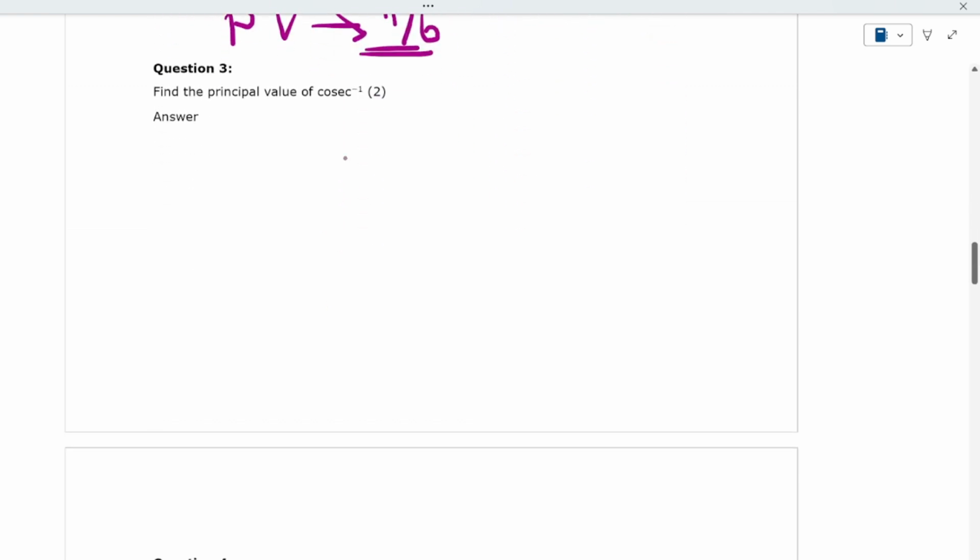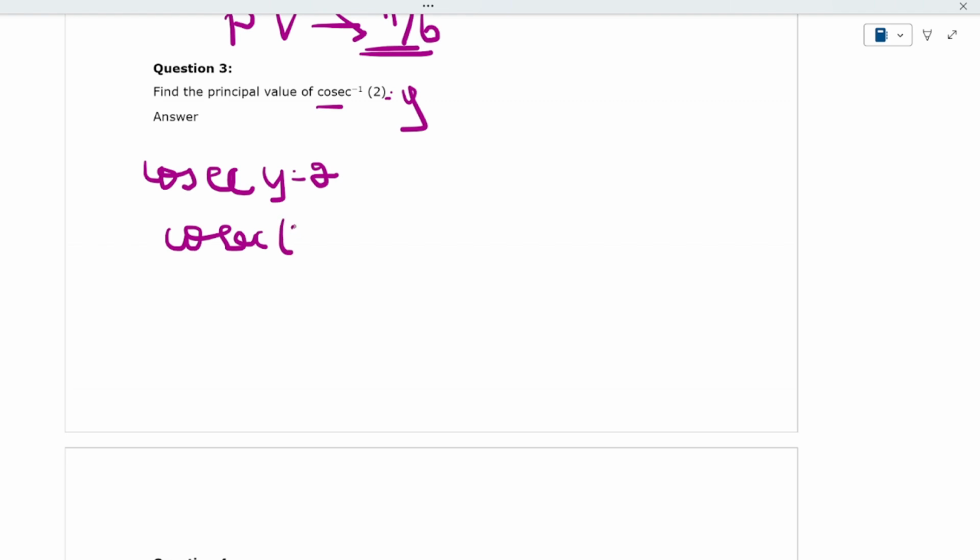Next, the third question, they have given cosecant inverse of 2. The same way you consider this to be the y variable, and cosecant y will be equal to 2. So cosecant inverse of 2 will be equal to pi by 6.